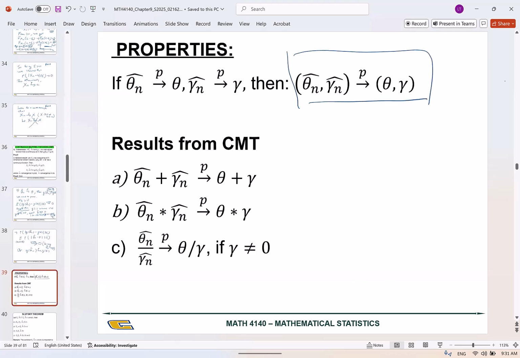This is a very beautiful property. You have the marginal convergence in probability, and the joint also converges in probability. It does not always hold for every kind of convergence, but at least for convergence in probability, it holds.